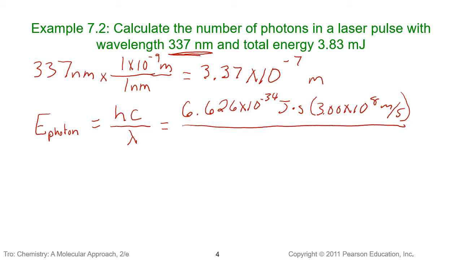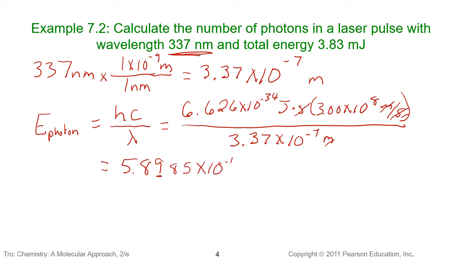And we just calculated the wavelength, so we can plug that into our equation as well. If we look at our units, the meters will cancel, the seconds will cancel. We'll be left with joules, which is what we expect for energy. So that is equal to 5.89 times 10 to the negative 19th joules.